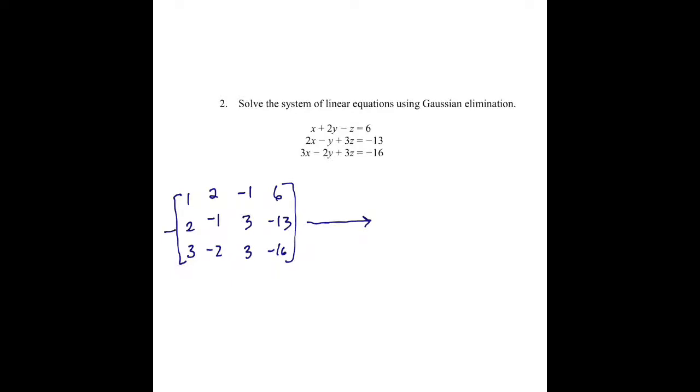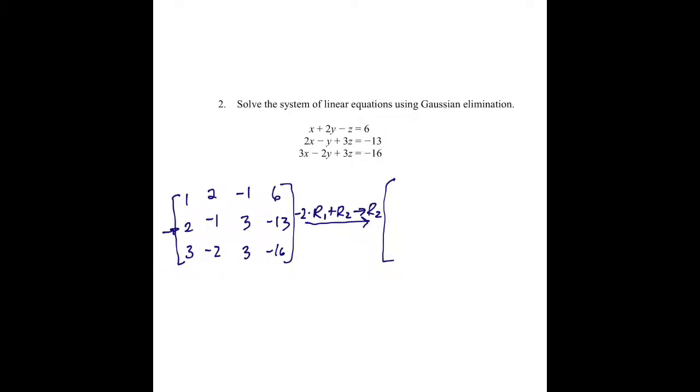So what I'm going to do to get that 2 to be a 0, I'm going to multiply row 1 by the opposite of 2, which is negative 2, and add it to row 2 to create a new row 2. So this is going to be 2 plus negative 2 times 1, so that's 0.